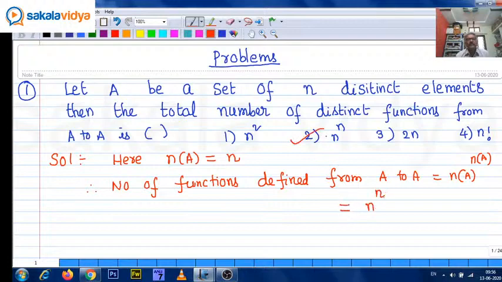That means the second option is the right option, not the fourth option. The fourth option is the number of injections. Right, option 2 is the right option.